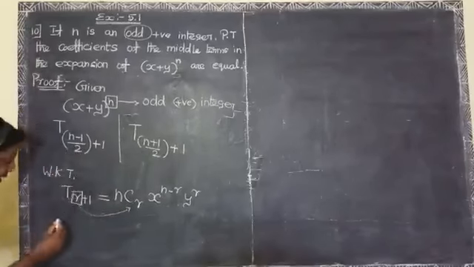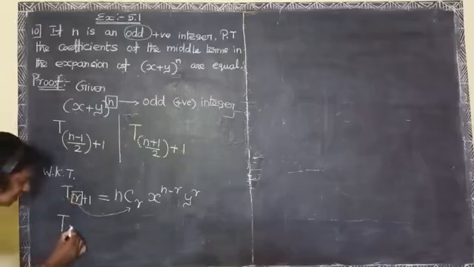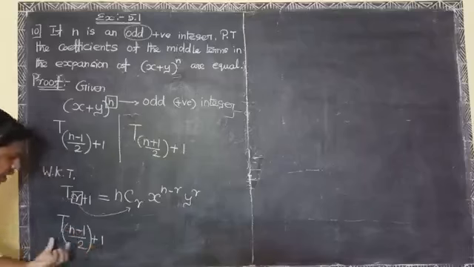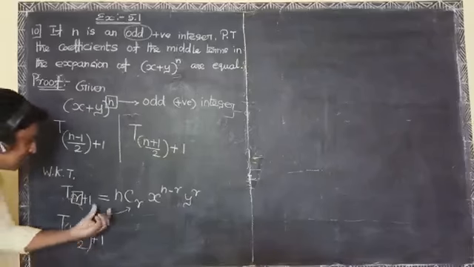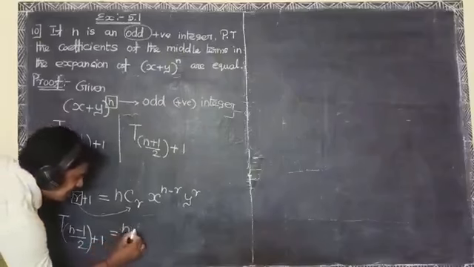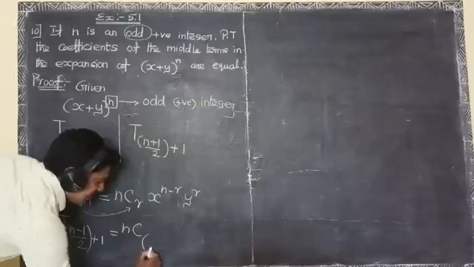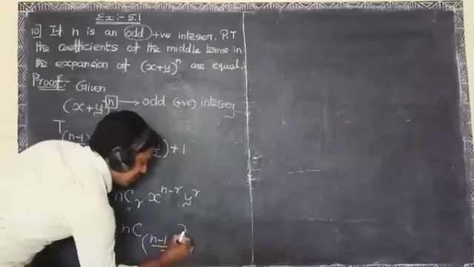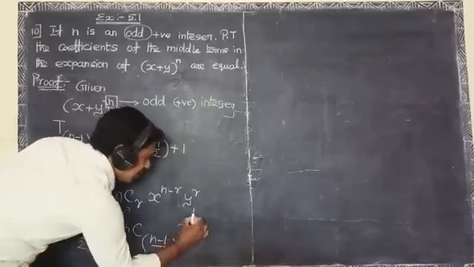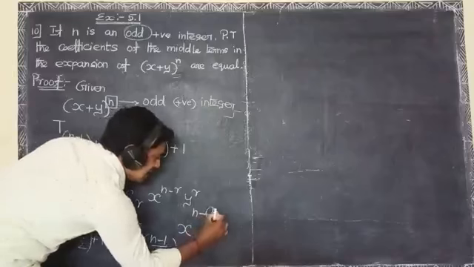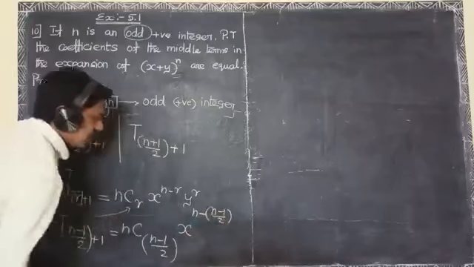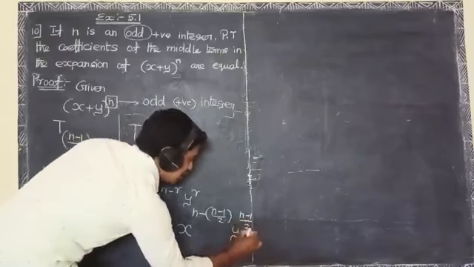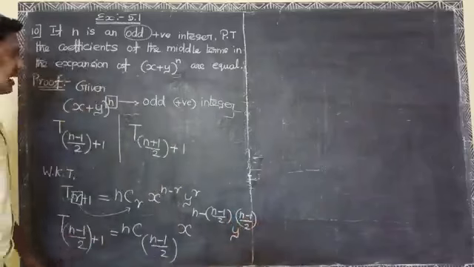Here T of (n-1)/2 + 1: substitute r equal to (n-1)/2. That is nC of (n-1)/2, x to the power n - r, which is (n+1)/2, and y to the power r, which is (n-1)/2.